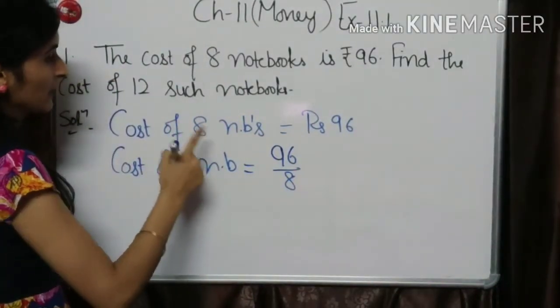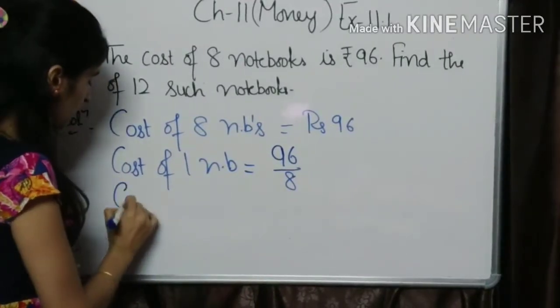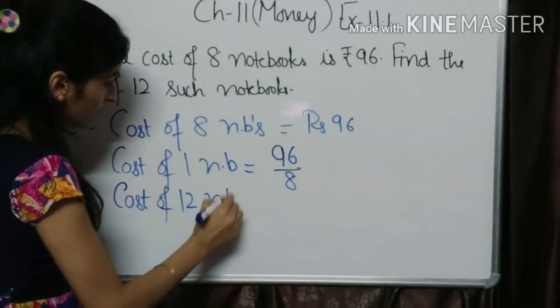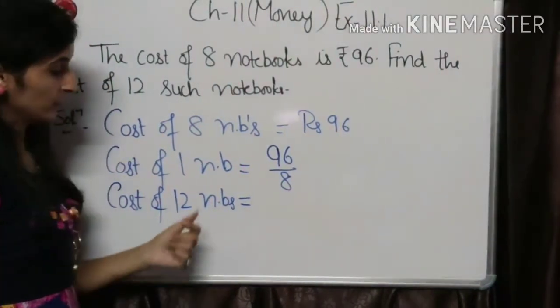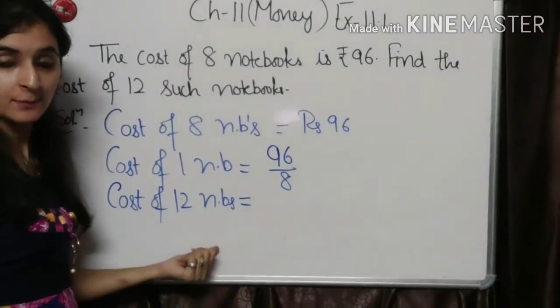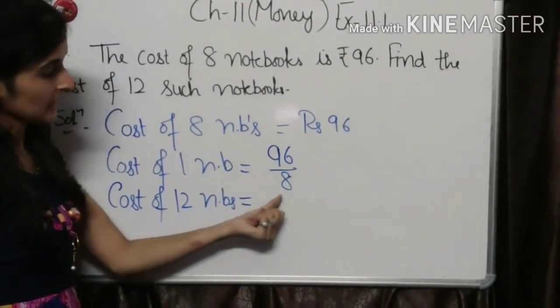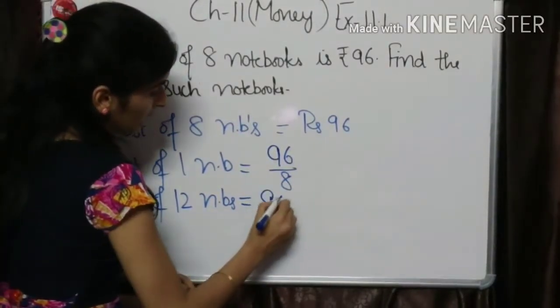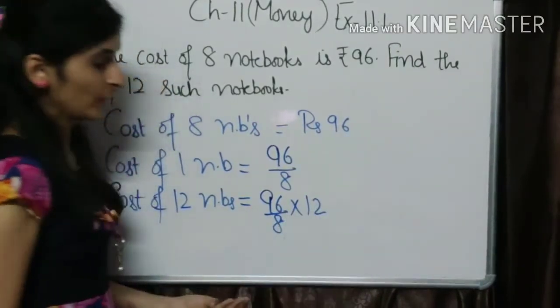After that, we have to find out the cost of 12 such notebooks. So for that, we will write here cost of 12 notebooks. And then if it is given for one and we have to find out for many, then we will multiply the cost of one notebook by this 12. So 96 divided by 8 multiplied by 12.